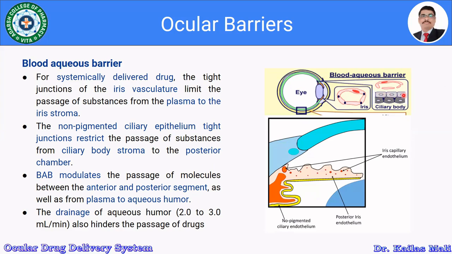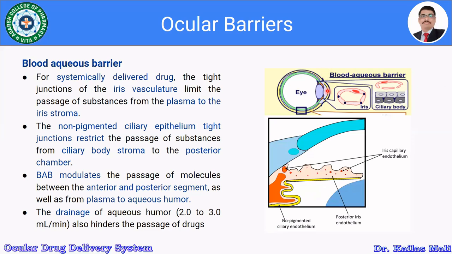The non-pigmented ciliary epithelium tight junctions restrict the passage of substances from the ciliary body stroma to the posterior chamber. The posterior chamber is present over here. The BAB modulates the passage of molecules between the anterior and the posterior segment, as well as from plasma to the aqueous humor.